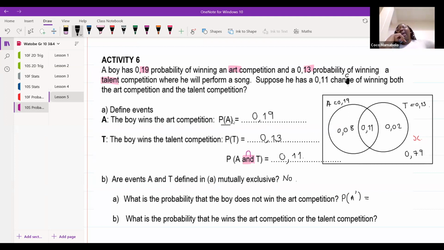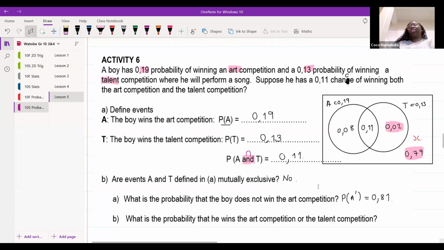Correct, Denvier, but you must add them together. Don't just say that, we must add them together. So what are we going to get? We're going to get 0.02 plus 0.09, and that should give us 0.81. Okay, that's the probability.